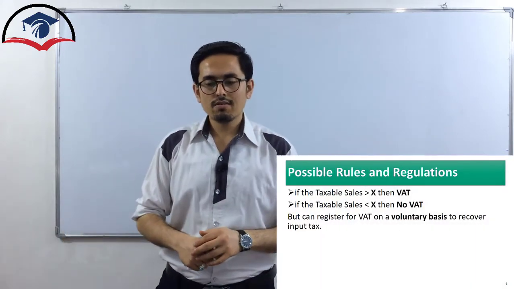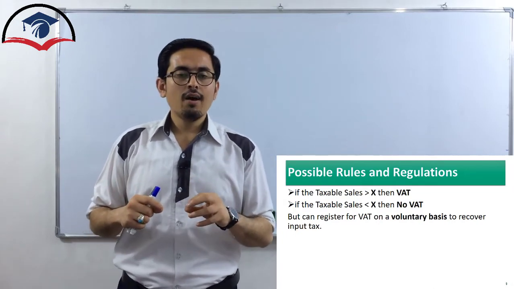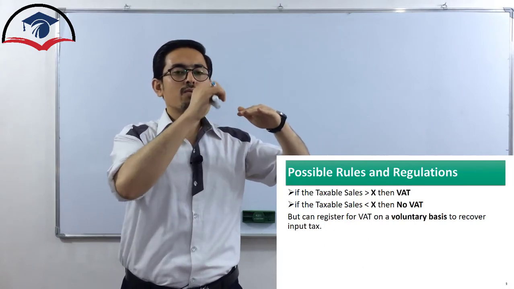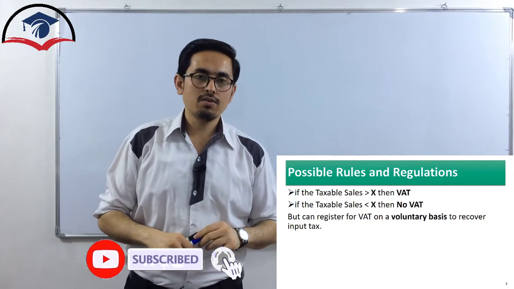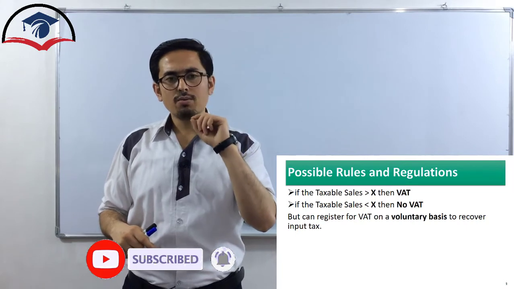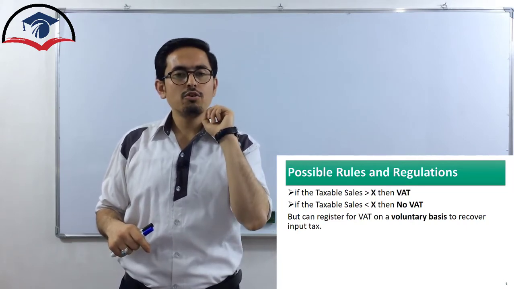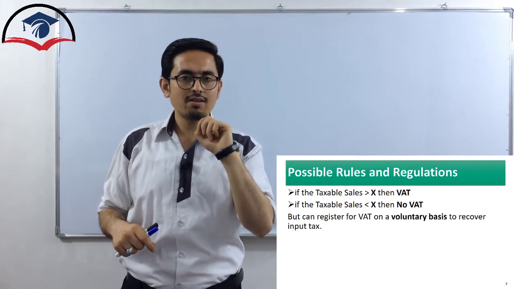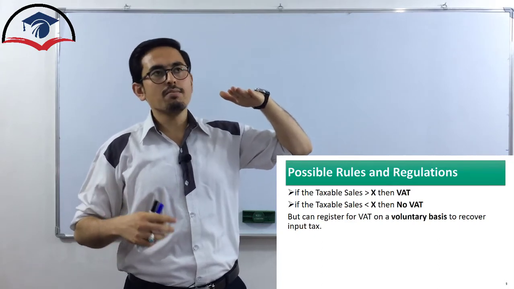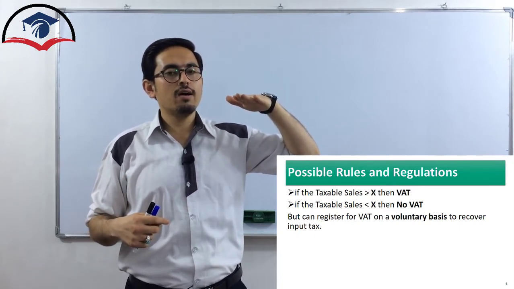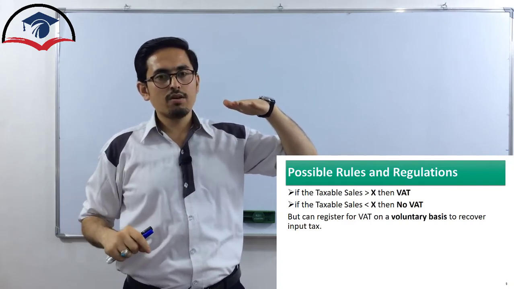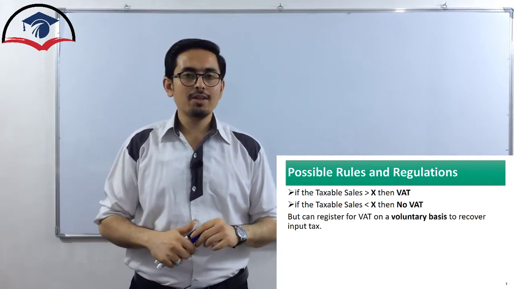Possible rules and regulations, one of the most concerning areas. What is the sales threshold above which a business must go for VAT registration, and below which it is not obliged to register? As per the rules and regulations of a country, wherever you are a resident, there is a threshold which says that if your periodic sales increase above that, go and register yourself as a VAT registered company, and below that there is no obligation.